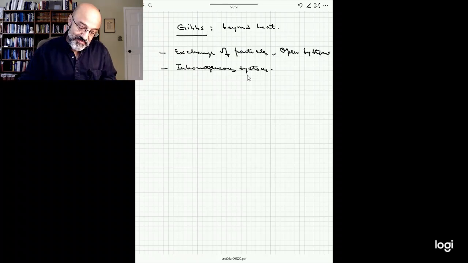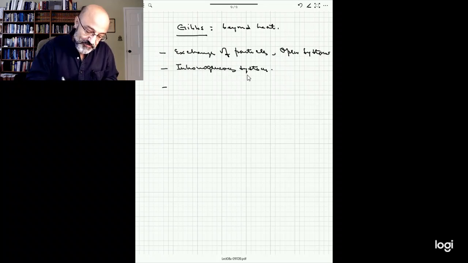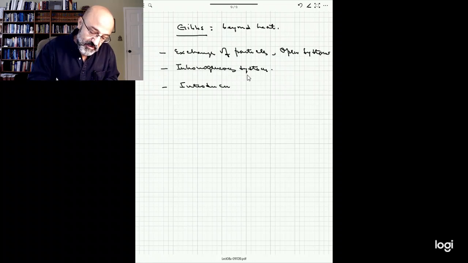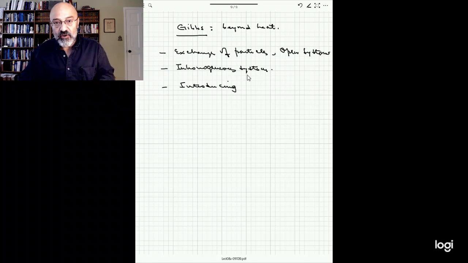So the methods of Gibbs allow to tackle this new kind of problem by introducing something similar, a concept similar to temperature.